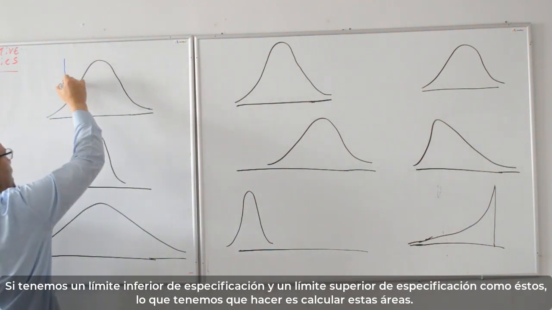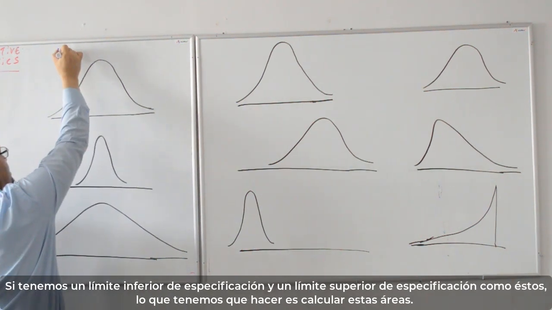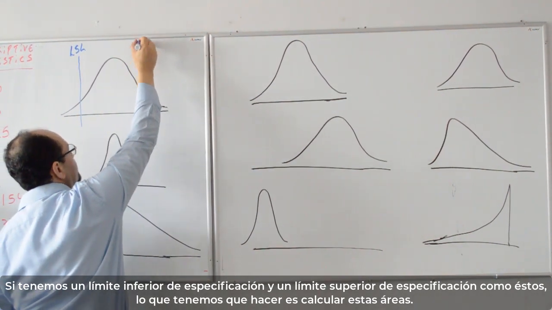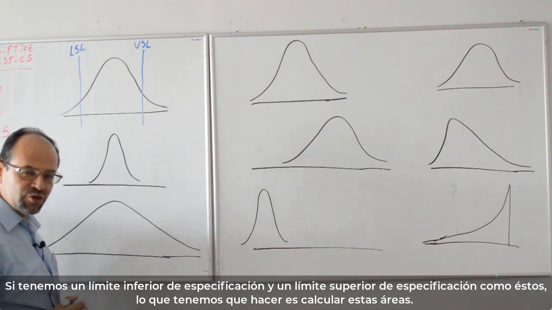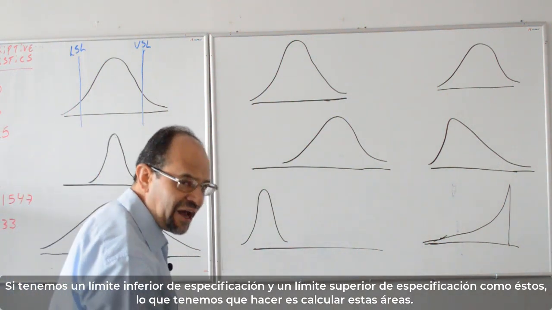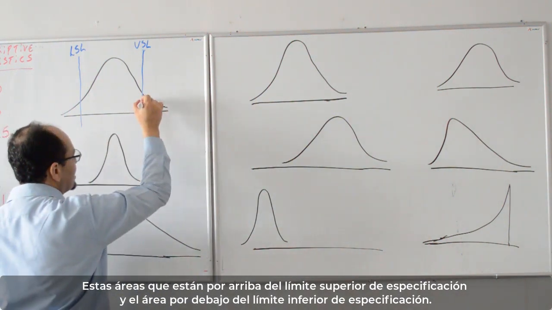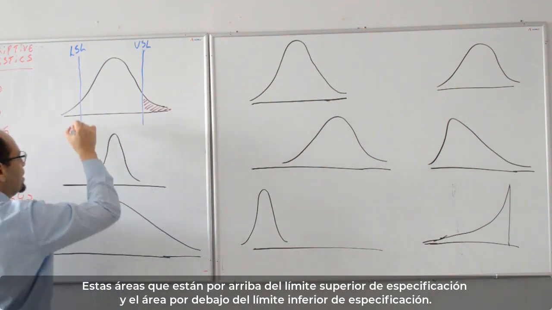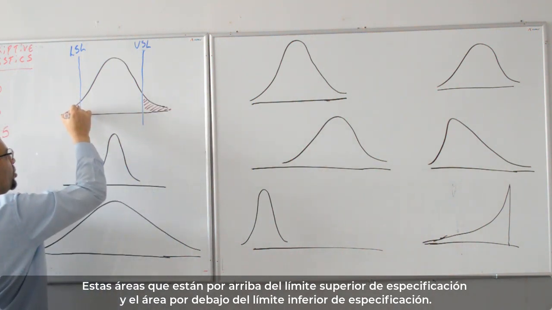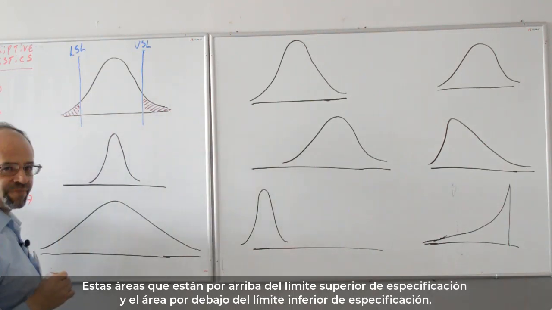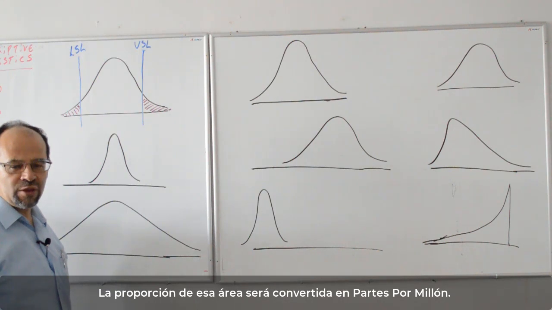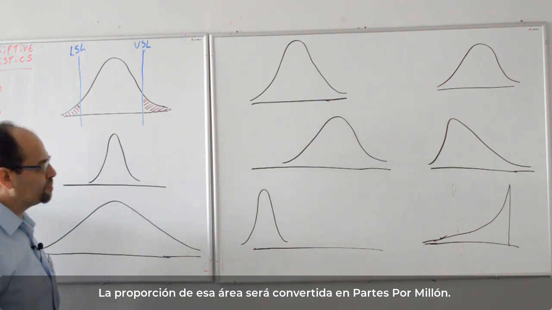So if we have a lower specification limit here, and an upper specification limit here, what we have to do is calculate the area above the upper specification limit, and the area below the lower specification limit. The proportion of that area will be converted into parts per million.